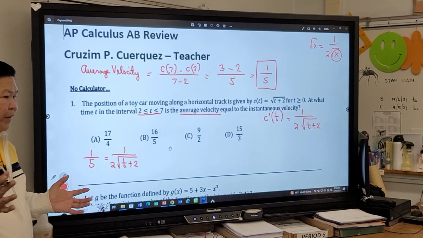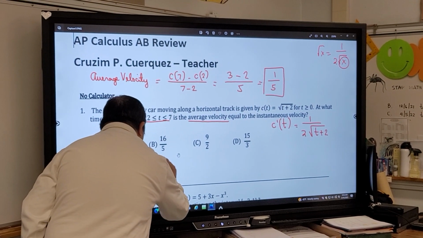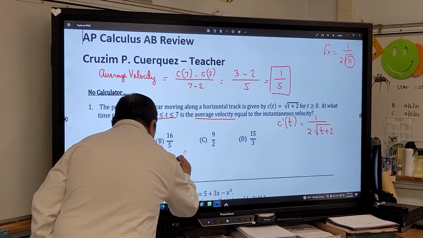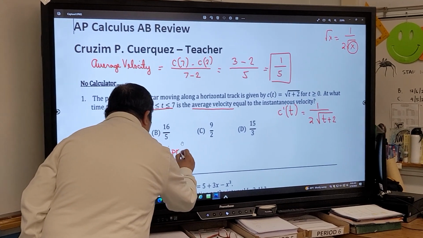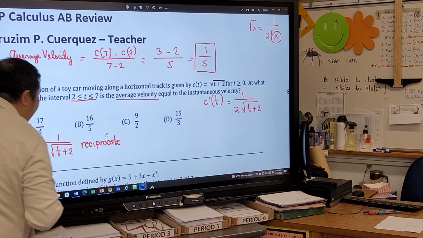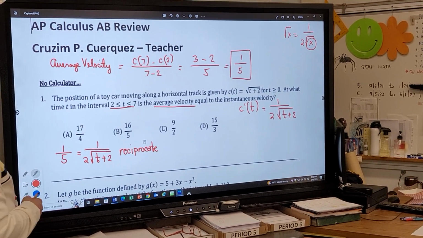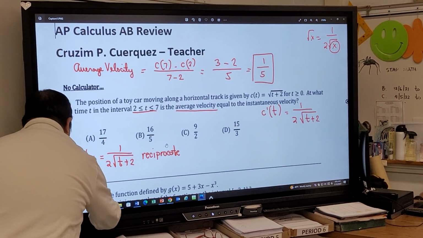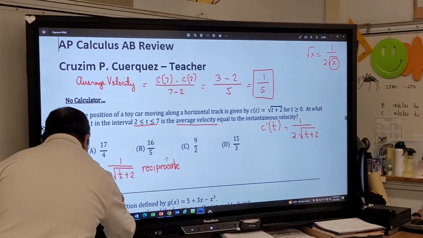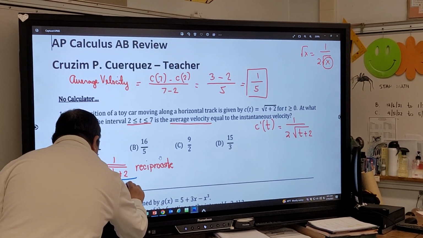Any question? So, reciprocate. I'll just write the word reciprocate so that when you study by yourself, at least you have the guide. Oh, you have to reciprocate that. Okay? So this becomes now 5 is equal to 2 times square root of t plus 2.